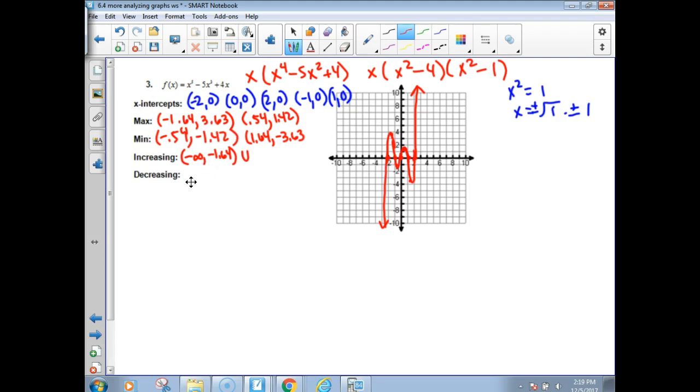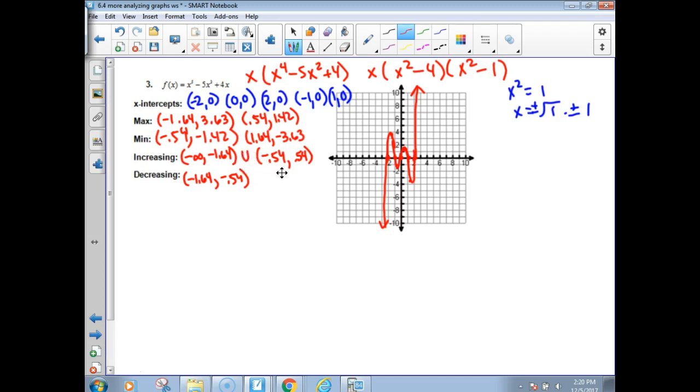All right, then it's decreasing, from negative 1.64 down to the first min, which was at an x value of negative 0.54. Okay, then it increases, negative 0.54 to the next max, which was the x value of 0.54. We okay?